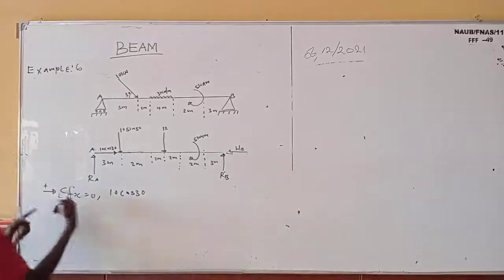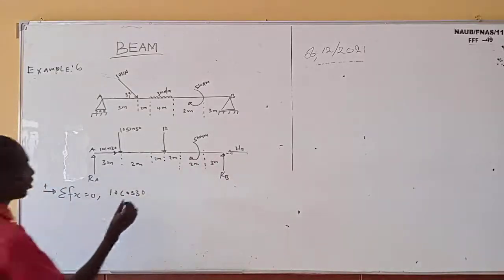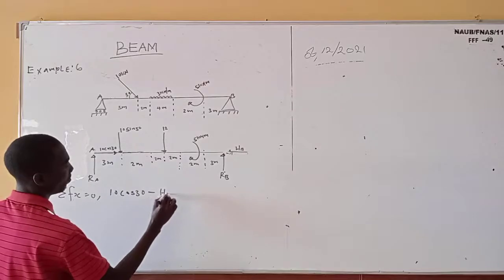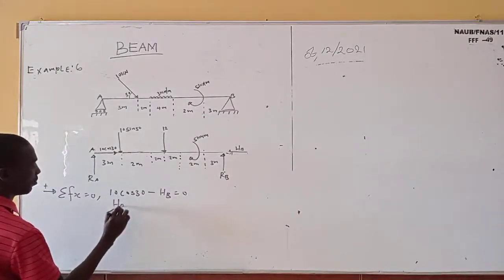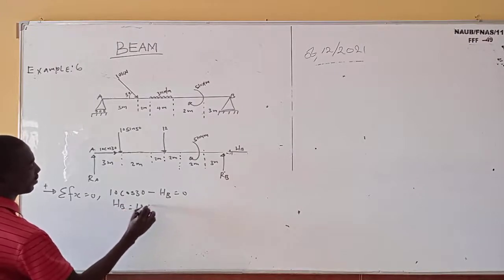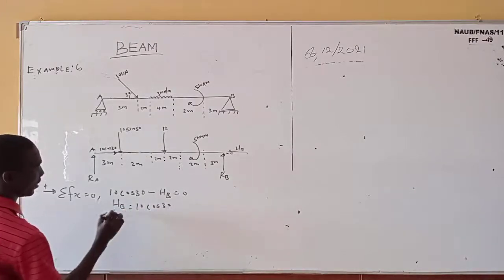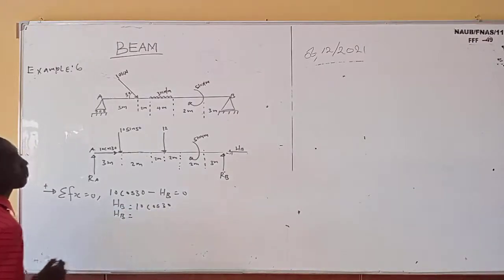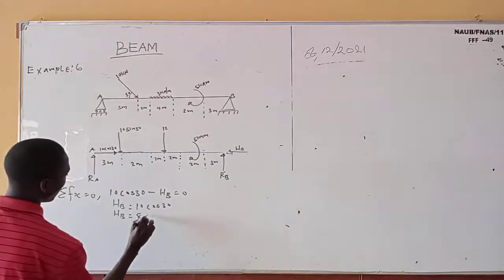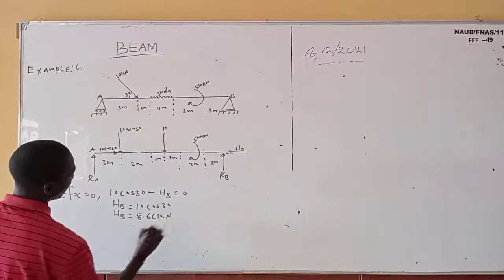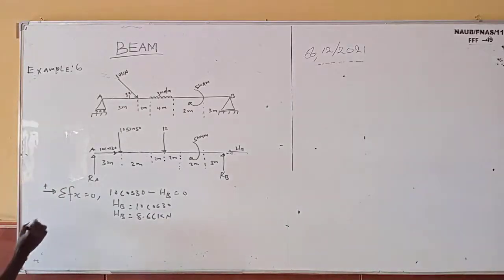It is going against this arrow, so it's going to be minus HB, which equals 0. So HB equals 10 cos 30. If you press this in your calculator, 10 cos 30 is 8.66 kilonewton.